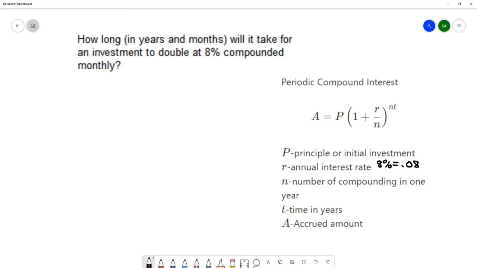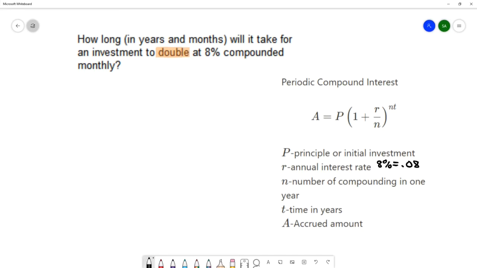However, some of the other information in the problem will indicate maybe not values for the variables, but relationships between the variables. We're looking for the doubling time, how long it will take for your investment to double.